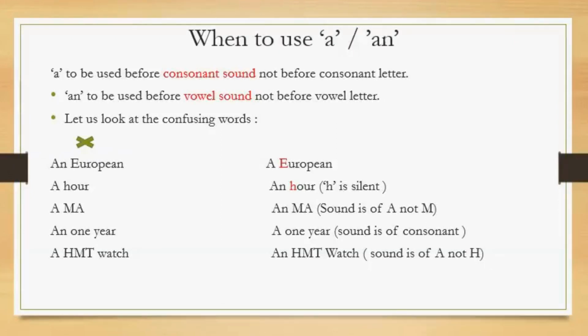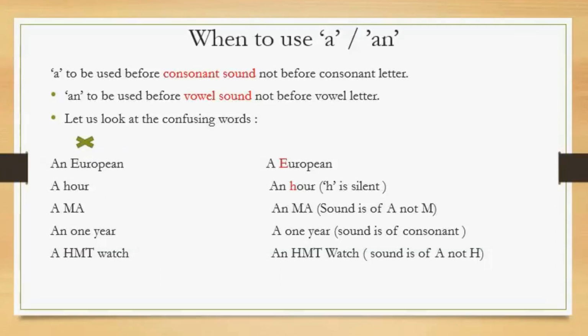Only when there is a consonant sound, you have to use a, not before a consonant letter. And an is to be used before a vowel sound, not before a vowel letter. It's not about the letter, it is about the sound. That is the reason you need to have a thorough hold on phonics.